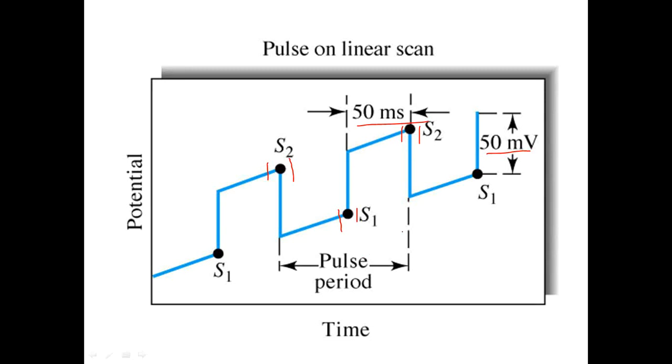As the potential is increased linearly, at every equal interval of time the pulse of 50 millivolts is applied, and then it comes to the next potential ramp, and again after a particular ramp the same pulse is applied, then it comes back to a slightly higher potential, then again the 50 millivolt pulse is applied, and this goes on till the E half value has been crossed.